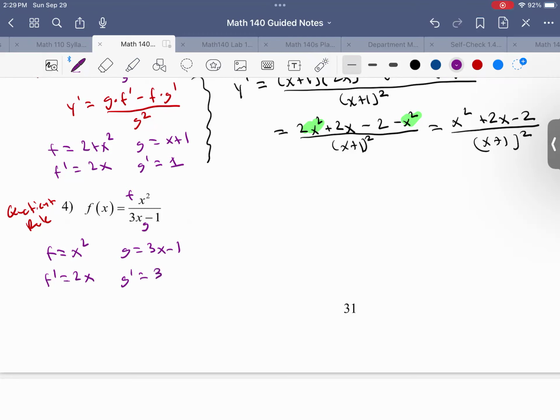All right, so putting these all together, this becomes f prime of x equals, right? The quotient rule is g times f prime minus f times g prime over g squared.